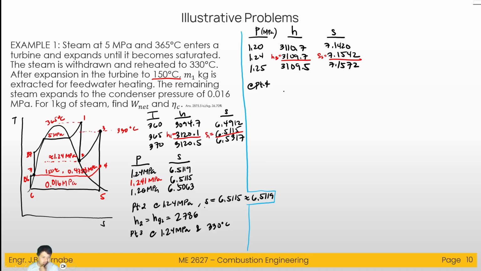Could we really? Let me check. I actually cannot remember how I did this. Why is it 0.228 MPa at 150 degrees? Why is that?